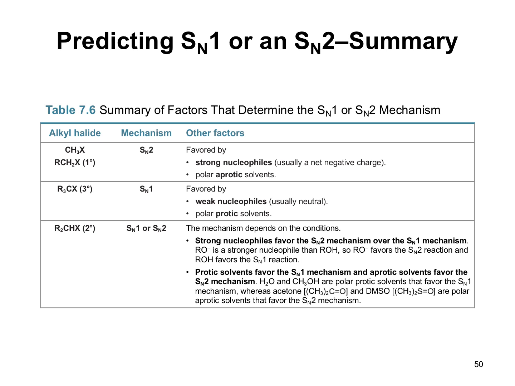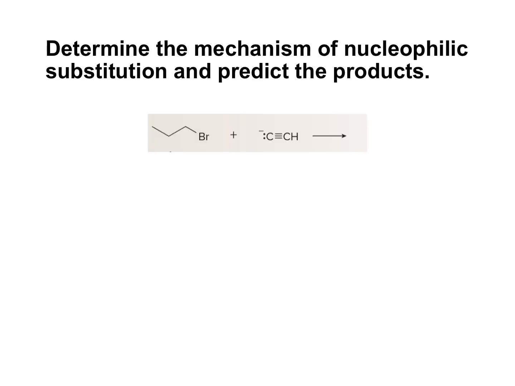So let's do an example. Okay, we're going to determine the mechanism of a nucleophilic substitution reaction and predict the products. And so we look here, and this already gives us the context clue. Look, it's going to be a nucleophilic substitution reaction, but it doesn't tell us what kind. And so this is a sneaky way to say, look, you have to determine whether this is an SN1 or an SN2.